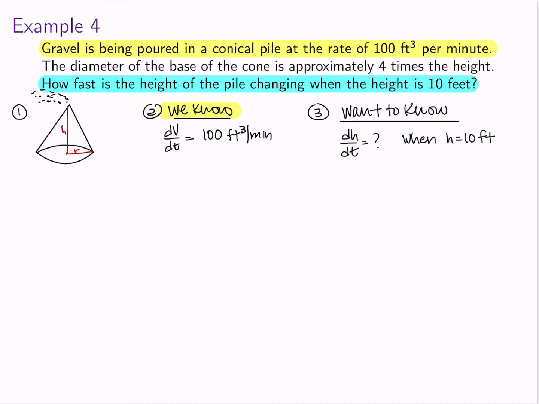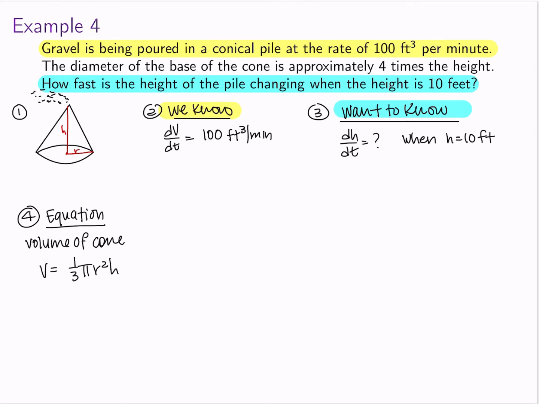Okay, so let's go to our next step. We need an equation to relate these things together. So a useful equation is probably the volume of a cone. And we could look this up. The volume of a cone is V equals 1/3 pi r squared h.